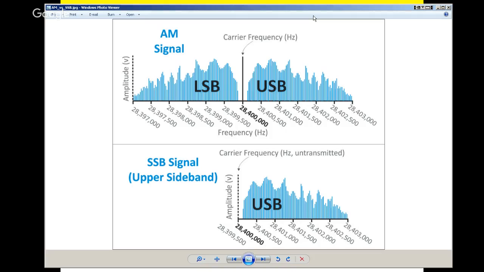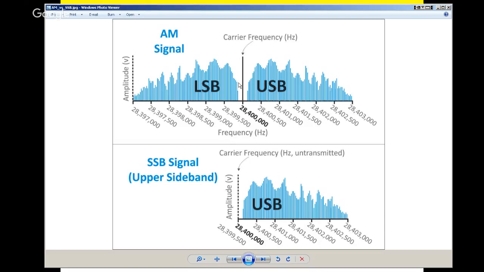Contained in those, between the 397 and the 400, is the lower sideband signal, and you see where the carrier frequency is here. That remains constant on 28.4, and the bandwidth is not the varying of the frequency. It's just the amount of space that signal occupies on the band. You're still varying the amplitude, but it's occupying a certain amount of space on that channel.